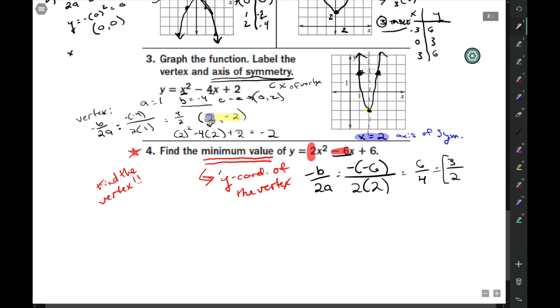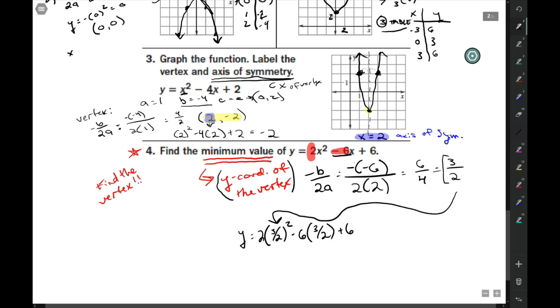Specifically, we need the y-coordinate of the vertex. So we need to substitute that back in to our equation. Y equals 2 times 3/2 squared minus 6 times 3/2 plus 6.